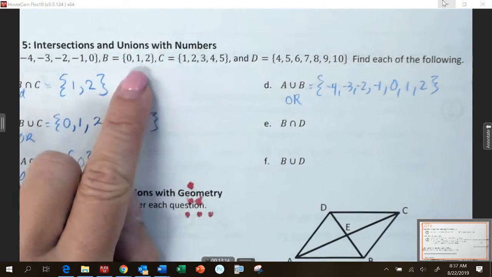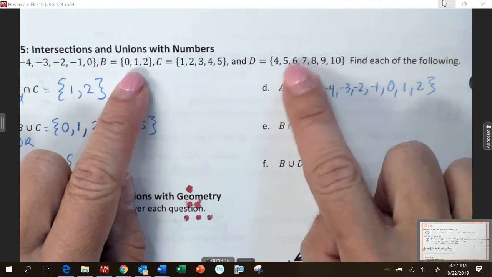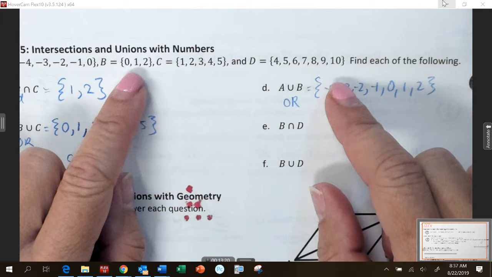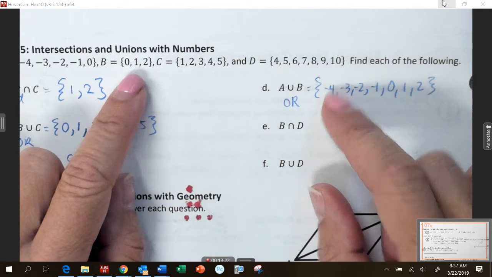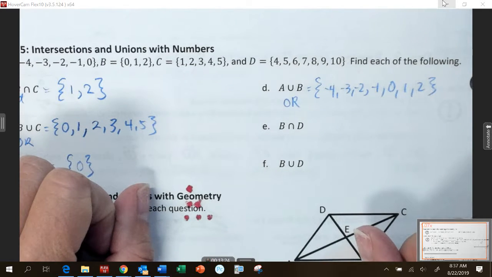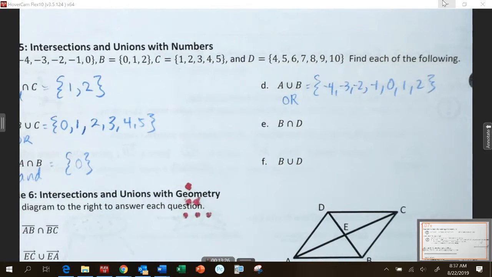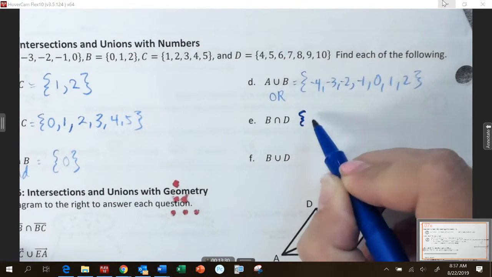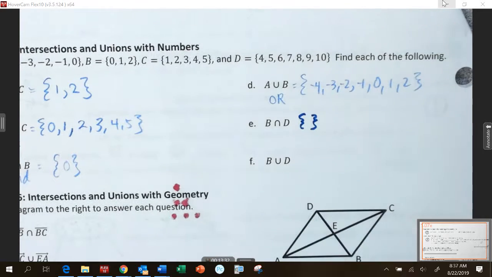What do B, 0, 1, 2, and D, 4, 5, 6, 7, 8, 9, 10 have in common? Nothing. So there is a symbol that means they don't have anything in common. There's 2 ways we could write it. You could write a fancy bracket and close the fancy bracket. That means empty set. That means nothing in common.